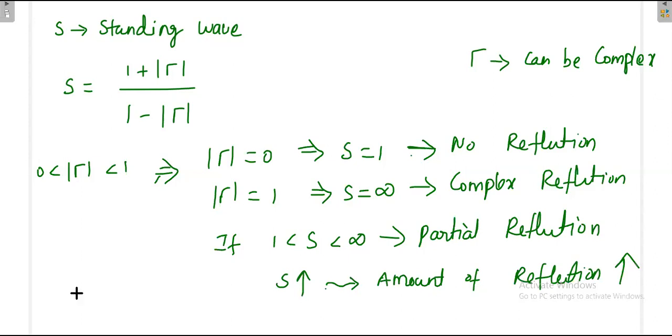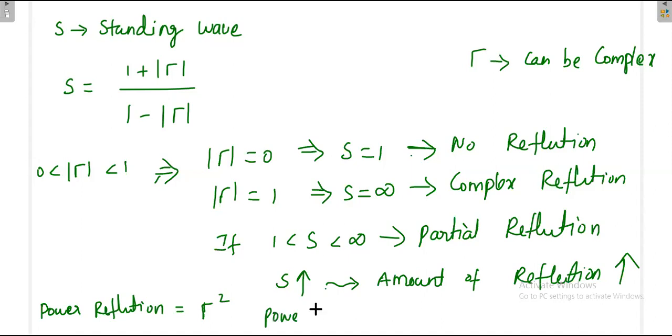Then we have to know the power reflection coefficient. Once we know the reflection coefficient tau, the power reflection coefficient is tau square. Then what is the power transmission coefficient?